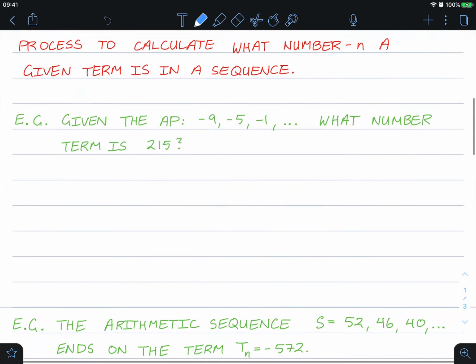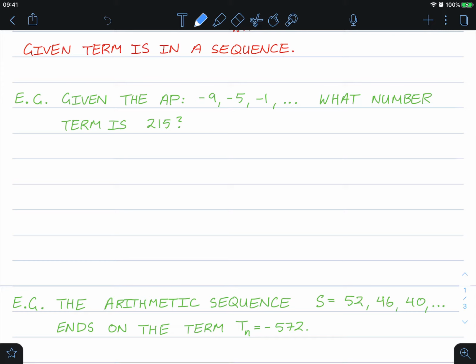So here are two examples. Given the arithmetic progression -9, -5, -1, etc., what term number is 215, given that 215 is inside this arithmetic progression? Well, to do this, we need to calculate first a.